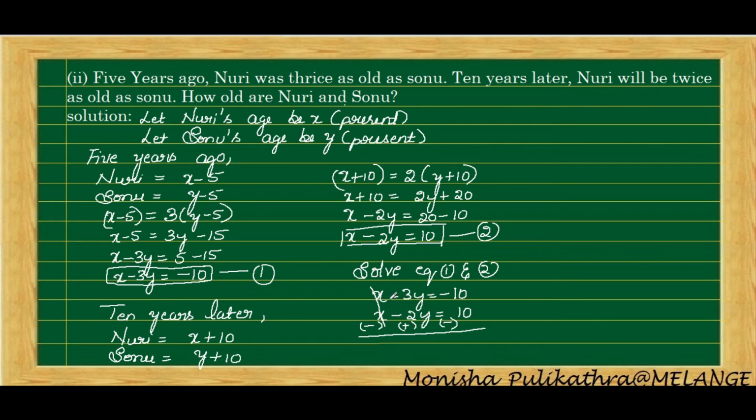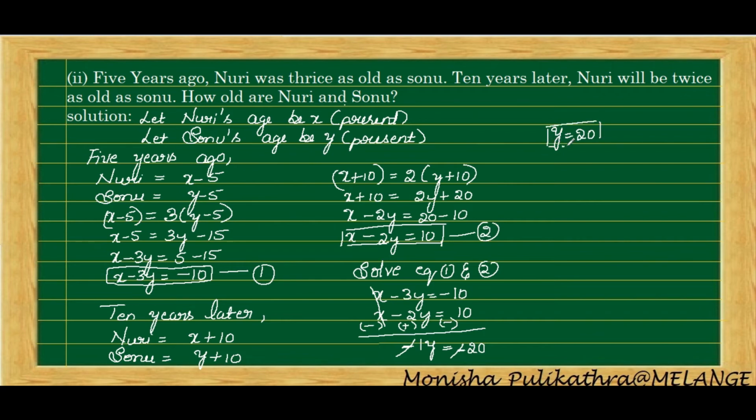Next minus into plus, unlike signs means we need to subtract. So 3Y minus 2Y is 1Y. The larger number's sign is minus here. Next minus minus, like signs means we need to add. 10 plus 10 is 20, and the sign is minus itself. So Y, minus minus get cancelled. So the answer is Y is equal to 20.